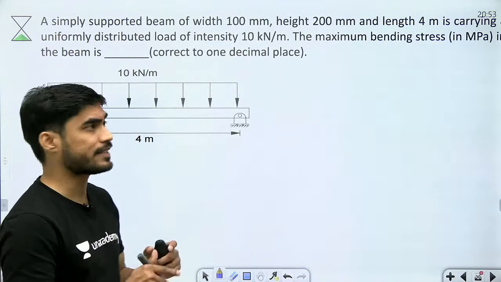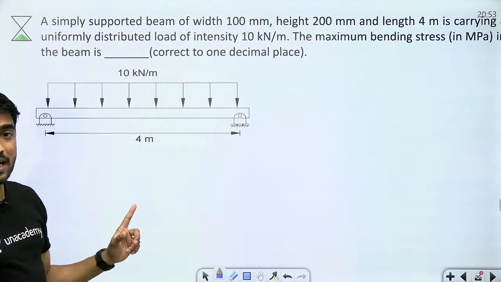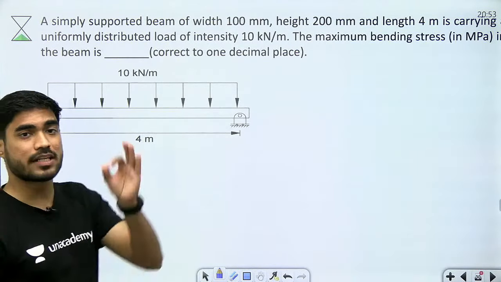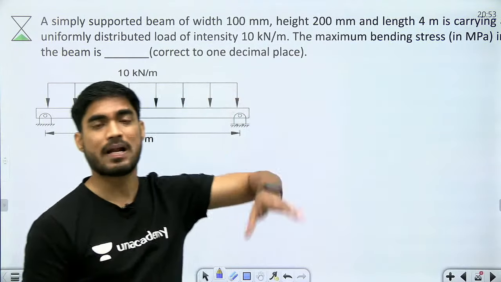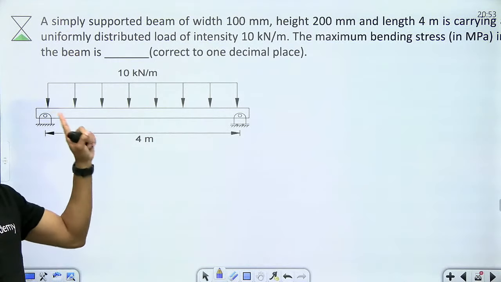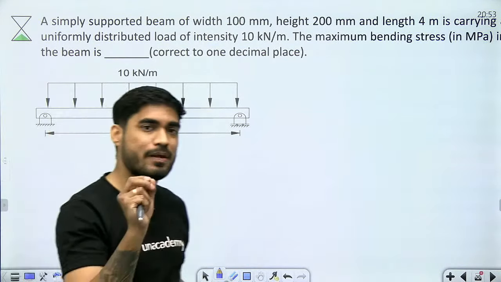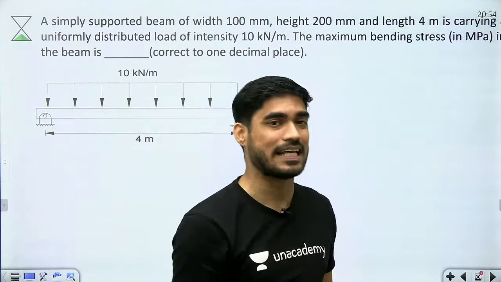Now beta, understand. In this case, the loading condition is given. So we can calculate the bending stress using the equation of bending moment. You can find it from the bending moment. Now beta, this is a simply supported beam with symmetric loading. So in this case, the bending moment will be maximum at the center.